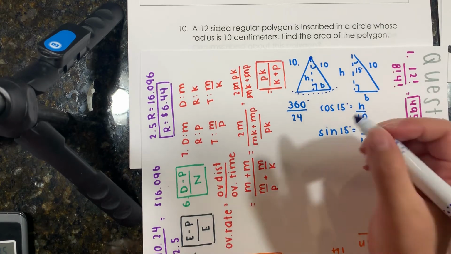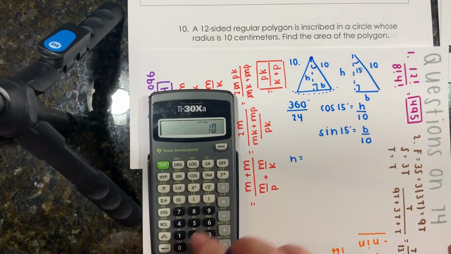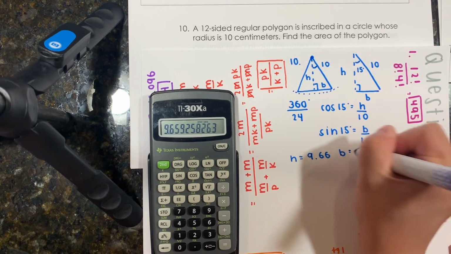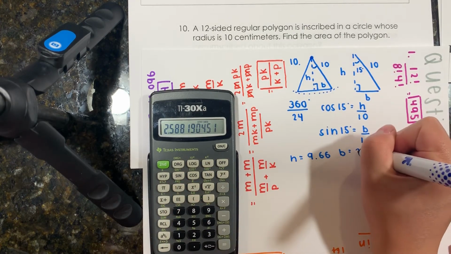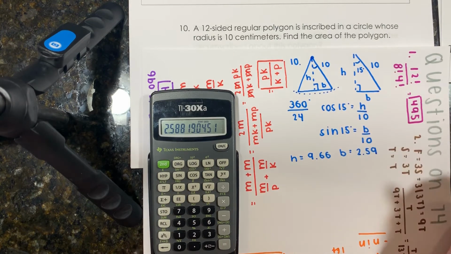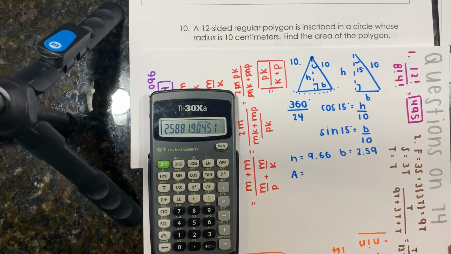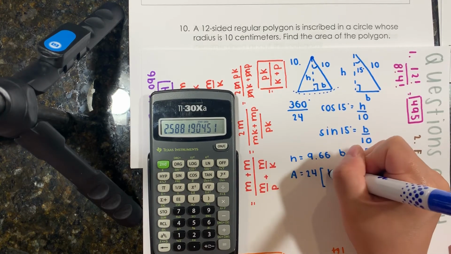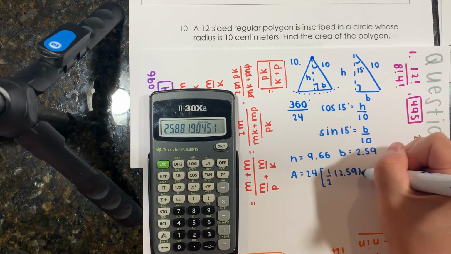So now my height is going to be equal to 10 times cosine of 15, which equals 9.66. My base is going to be 10 times sine of 15, which equals 2.59. Now to find the area of the whole polygon, I'm going to do it based off of the number of right triangles, which again I said is double the amount of sides, so 24 times one-half base times height.